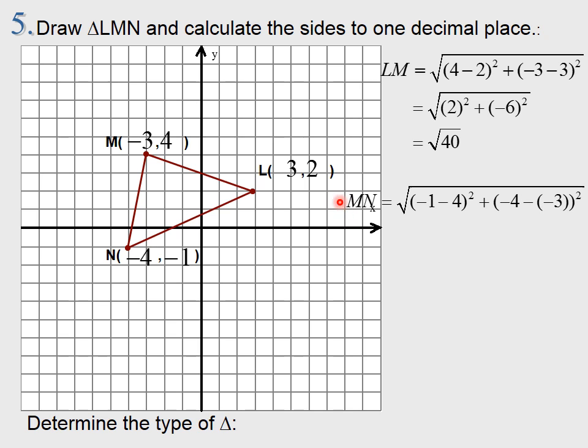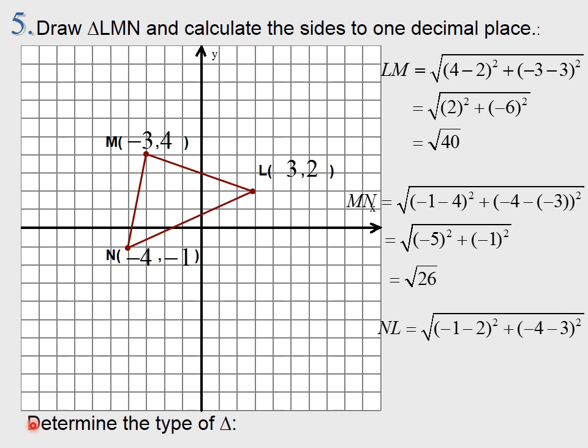Let's do side MN, M and N here. Okay, we did negative 1 minus 4 and negative 4 minus negative 3. Be careful here of the signs. That gives us negative 5 and negative 1 squared. So we get square root 26.